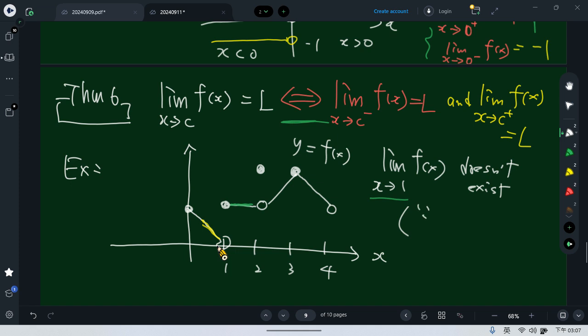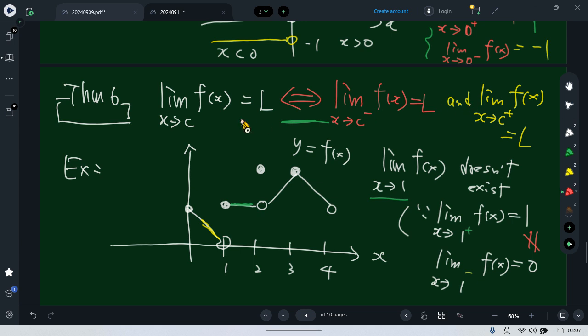Why? Because limit as s approaches 1 from the right of f(s) should be 1. But limit as s approaches 1 from the left of f(s) should be 0. So 1 is different from 0.